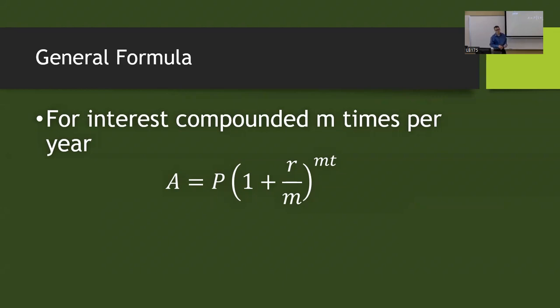That lump sum, that money value, is called the principal, and it gains interest over a certain time period. The amount you're going to have at the end is calculated by taking the initial amount, the principal, times 1 plus rate over m to the mt power. Remember that m is how often interest is compounded per year, and the t is going to be the number of years.